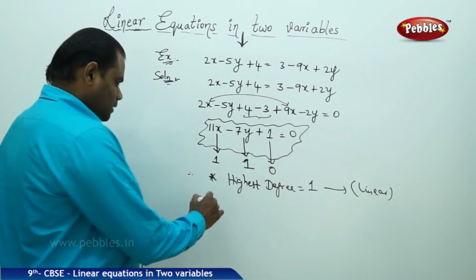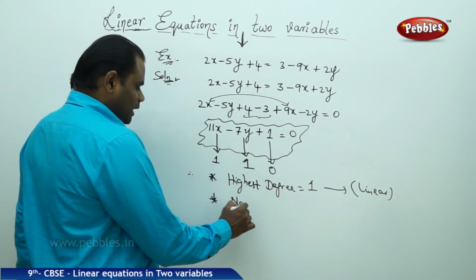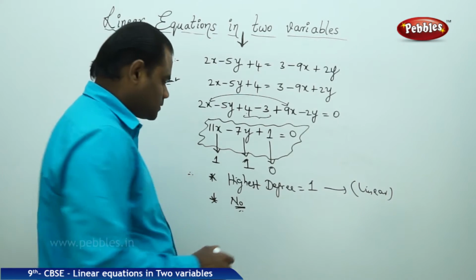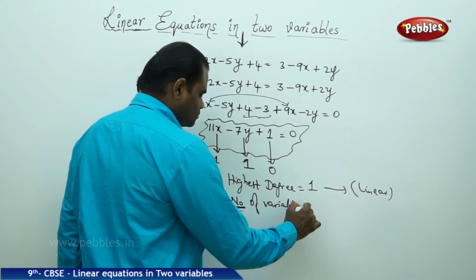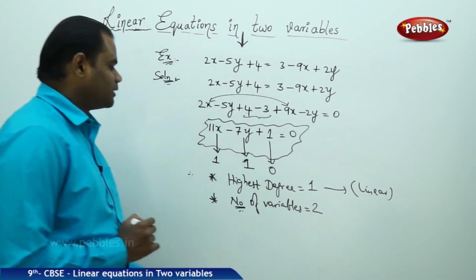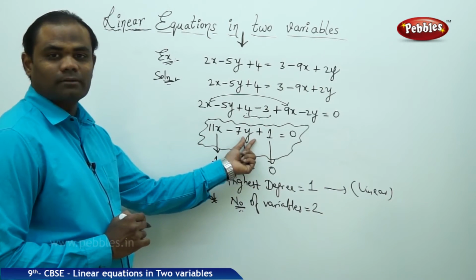Next, the rule 2, identifying the number of variables. I clearly see that there are two variables x and y.